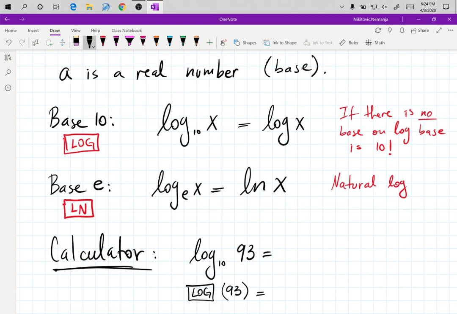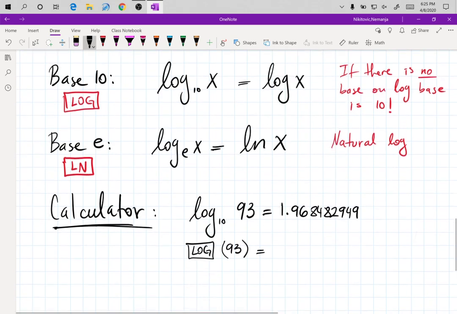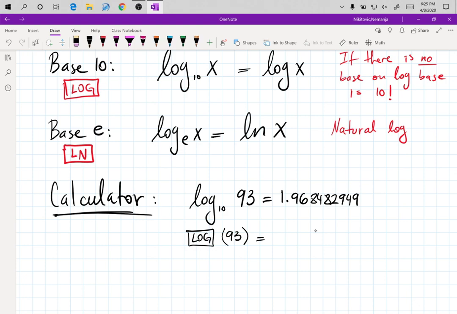And you are going to get 1.968482949. Obviously, it's cut off with decimals. It will be going forever. Oh, actually, it's not equal, it's enter. That's what you use on a calculator.